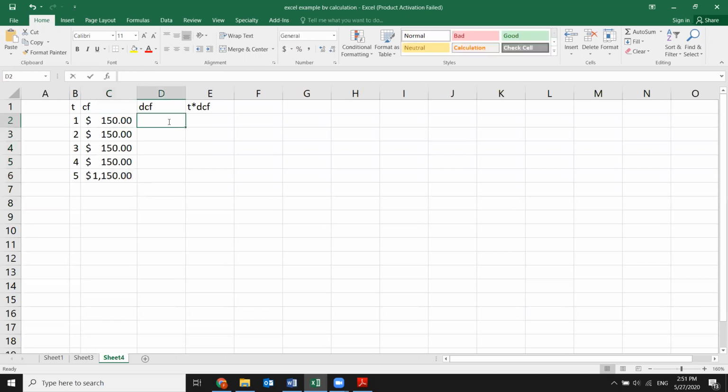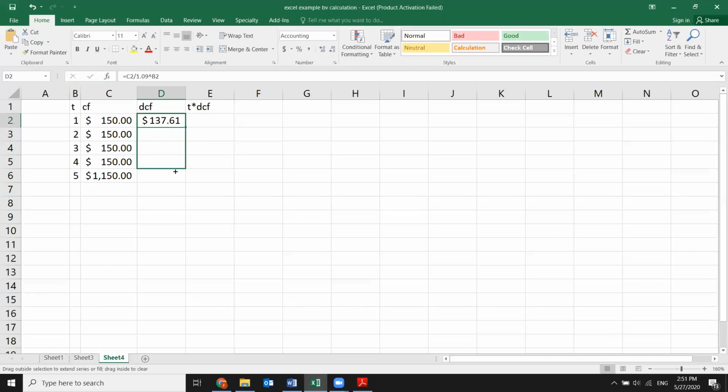And for discounted cash flow, we just need to discount this cash flow to get the discounted value. So we get 150 divided by 1.09 to the power of 1, because the discount rate, or YTM, is 9%, and we're bringing it to year 0. This is the discounted cash flow.